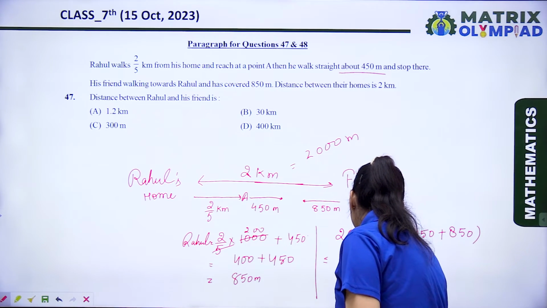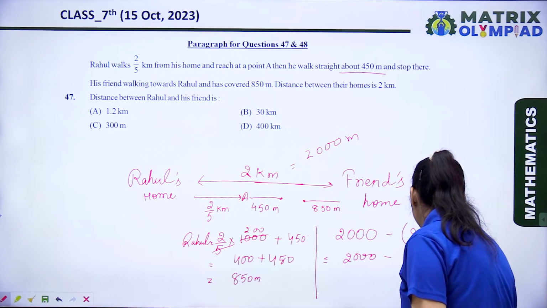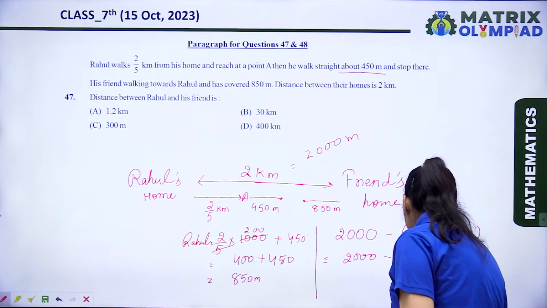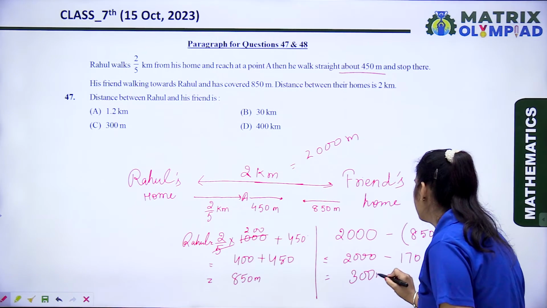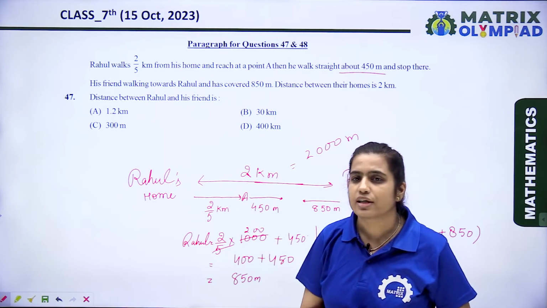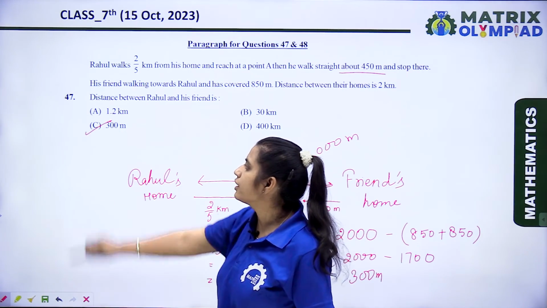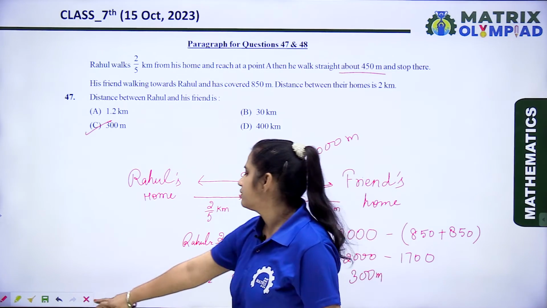So here we get 2000 minus 1700, so the answer is 300 meters. So the distance between Rahul and his friend is 300 meter. So our option C is the correct answer.